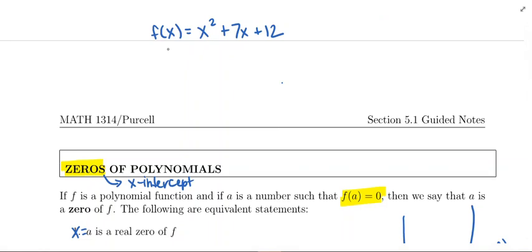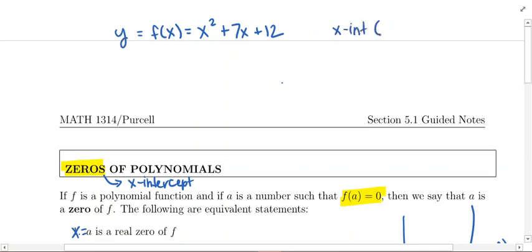To find the x-intercepts, which would be the zeros in this situation, we had to recognize that f of x is the same thing as y. To find the x-intercepts, we need to set y equal to 0 and solve for x. If we do that here, this is what we get. And now we need to solve.